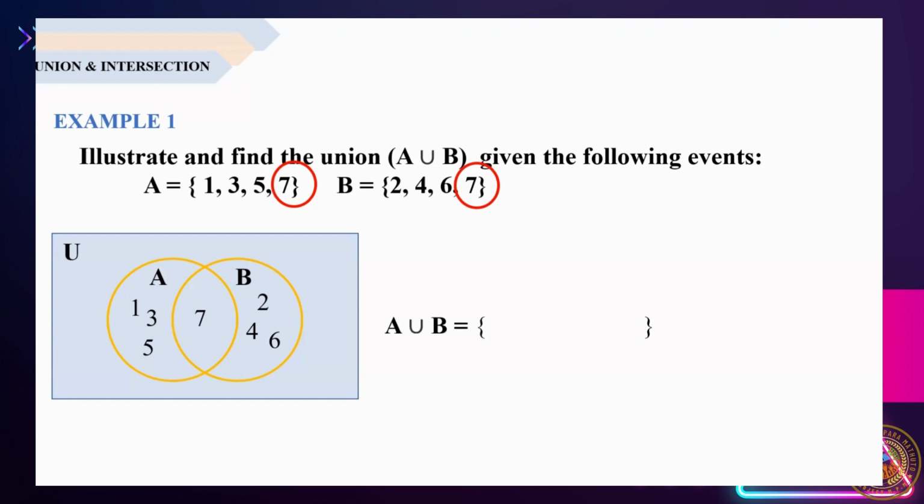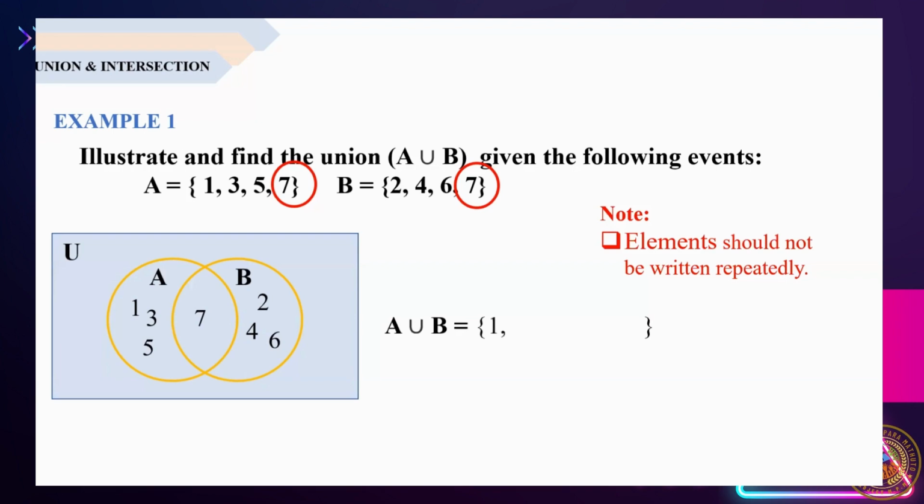Now, let us identify the union of A and B. What is the union of A and B? It means, when we combine the events of A and B, what is the result? Always remember, elements should not be written repeatedly. If there are events that are the same in A and B, we write them only once.